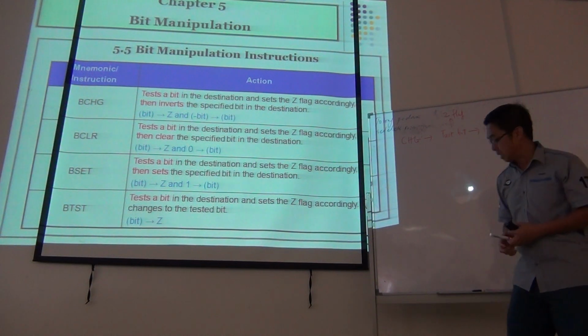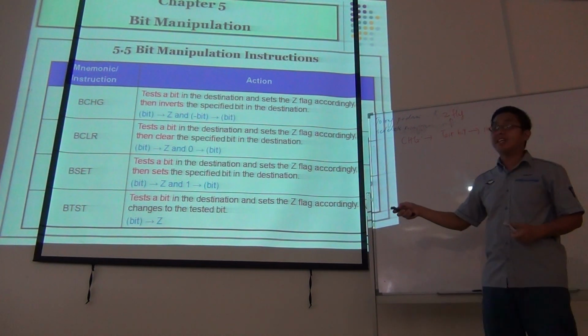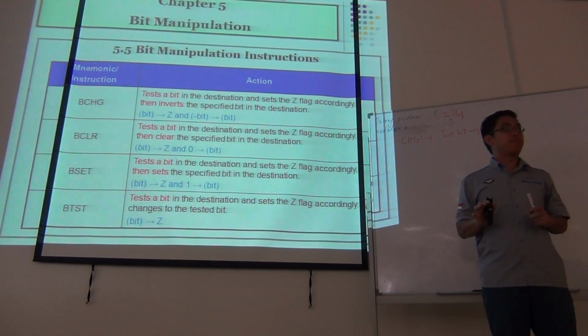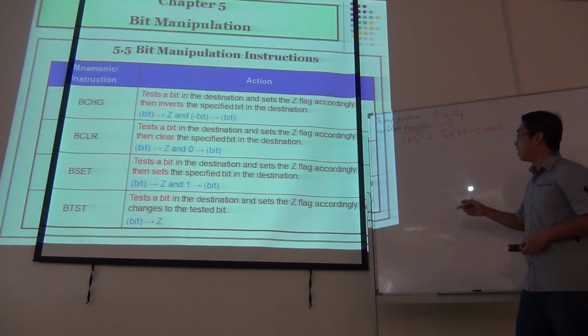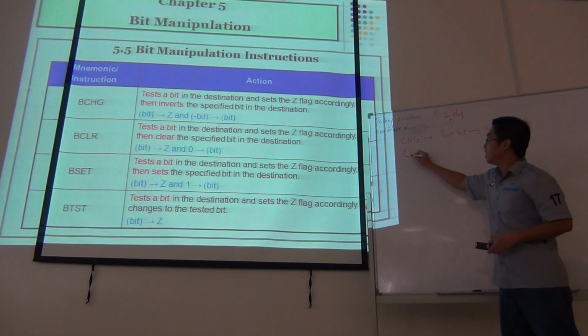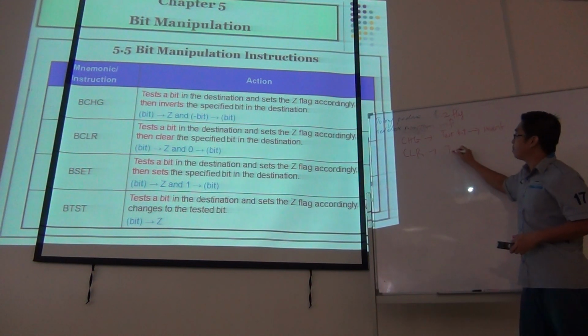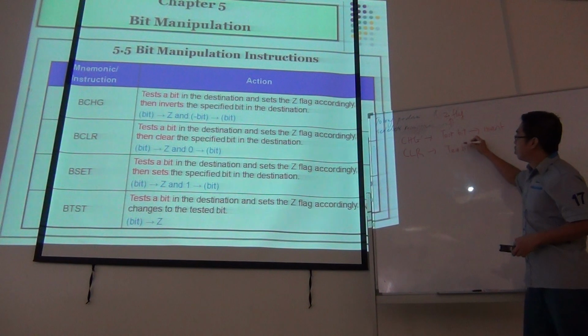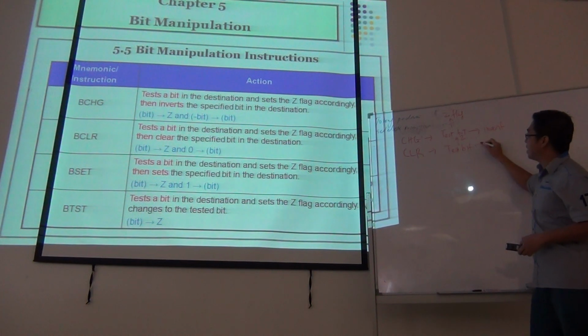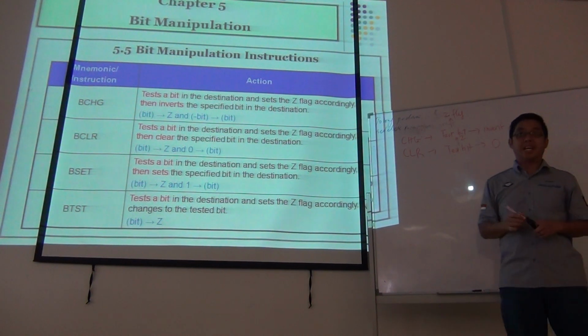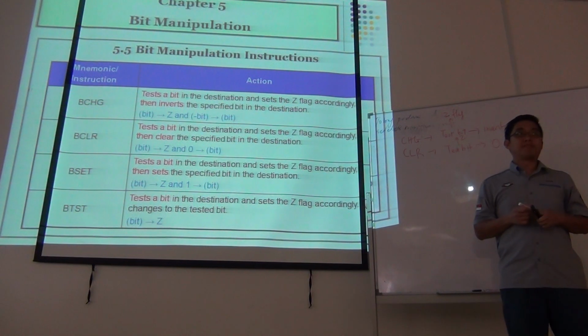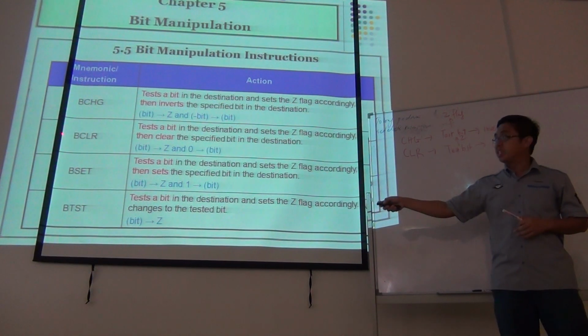The next one, bit clear. Clear means 0. Same thing again. If you clear, you have to test the bit, look at the Z flag change, and then make it 0. The third one is bit set.